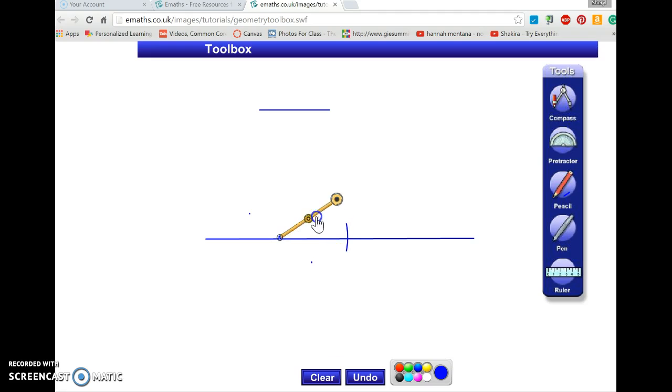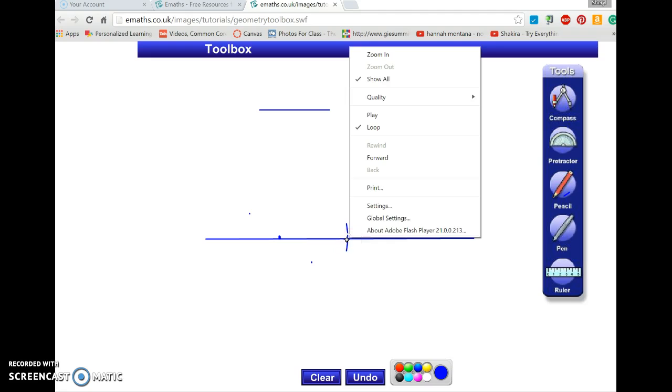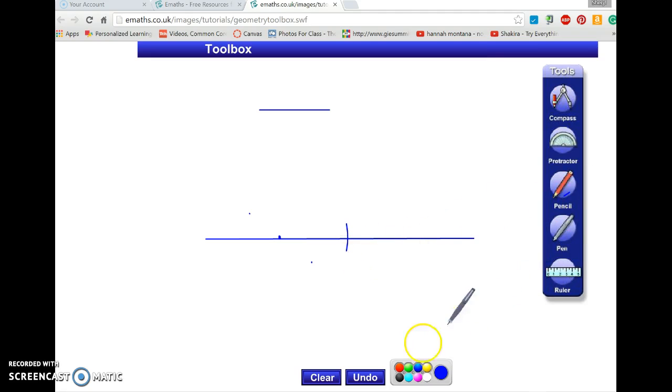And now I've created my line segment right there. So there's my line segment, right? Okay, so I've got a line segment, and that's going to be the beginning of my triangle. We'll make that be the base of my triangle.